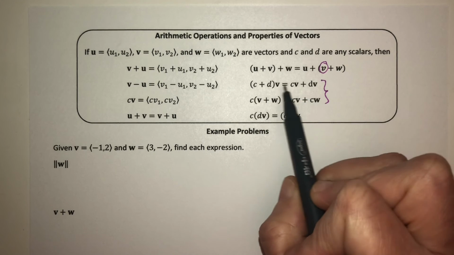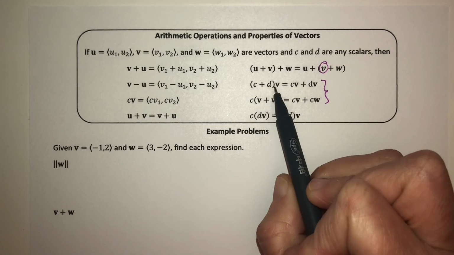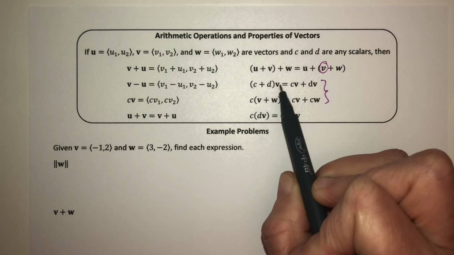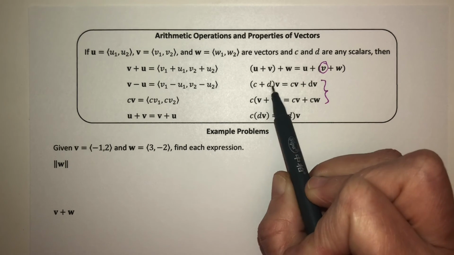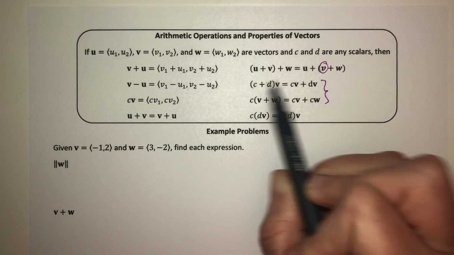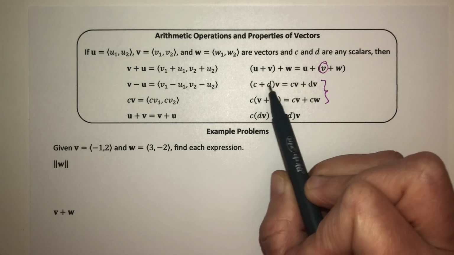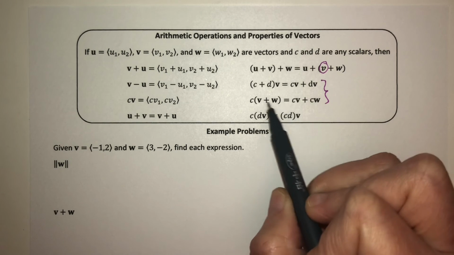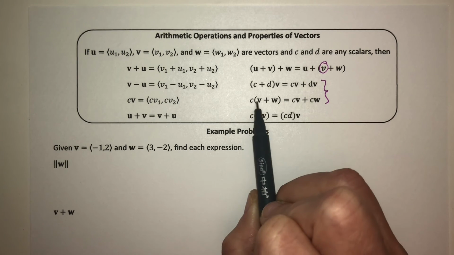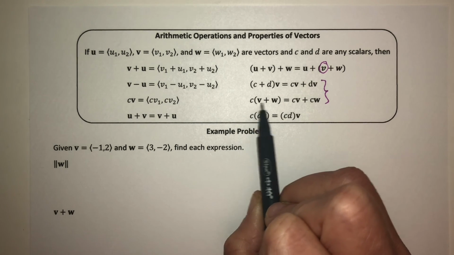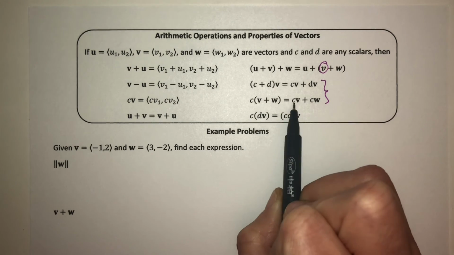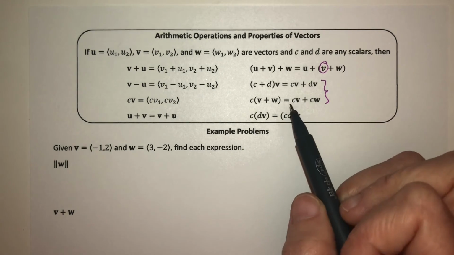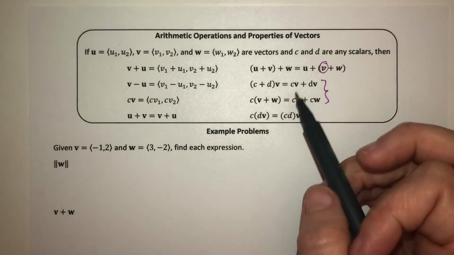But what this one says is that scalar multiplication, which is what we have right here, distributes over scalar addition. So it's scalar c times vector v plus scalar d times vector v. Okay? Here, this is scalar multiplication times vector addition, and it also distributes. But these are very different properties, but they do work the way we would like them to.